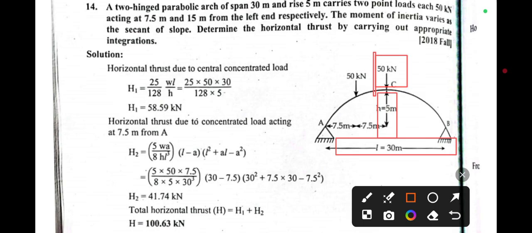Okay, so for the central concentrated load, we have a formula H equal to 5 upon 8 WL by h. Okay, so we have to just apply the formula.